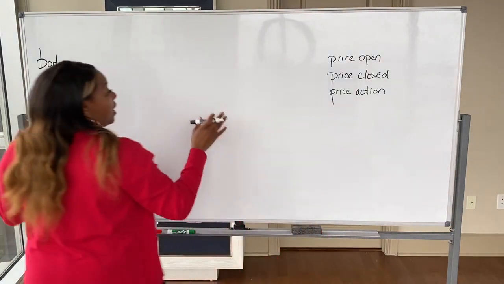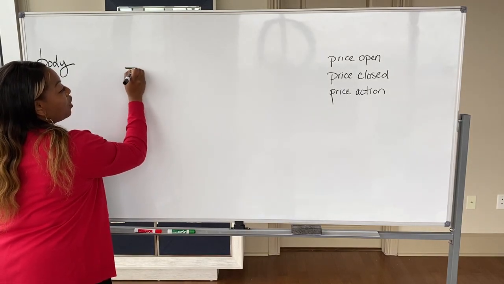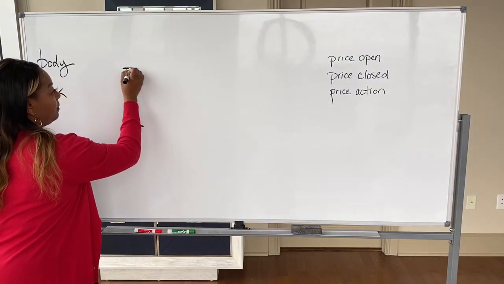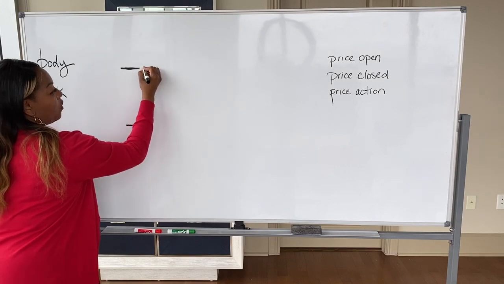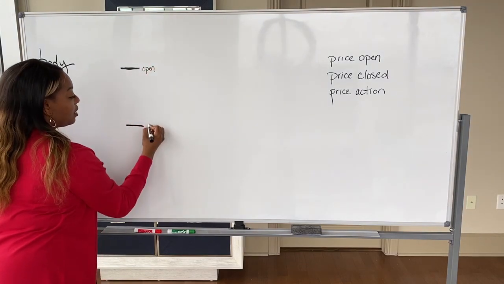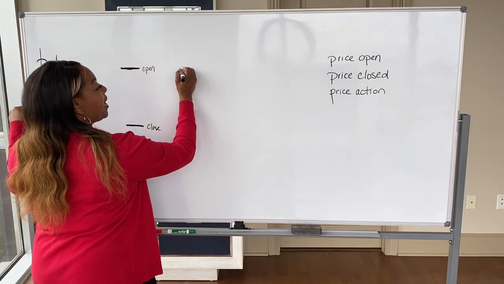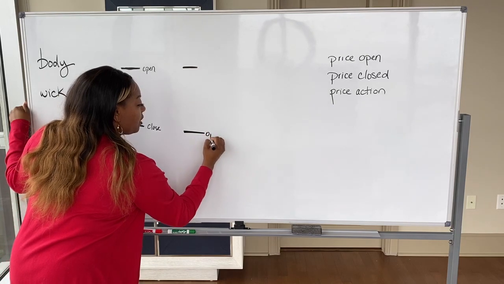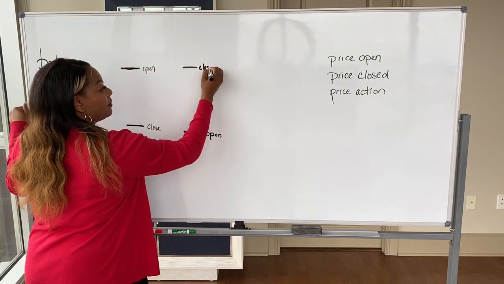Every candle has those three parts, but they can be in either order. The price can open high and close lower. Let's make the line like this. Or the price can open lower and close higher.